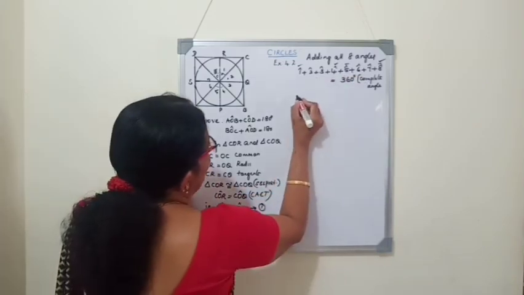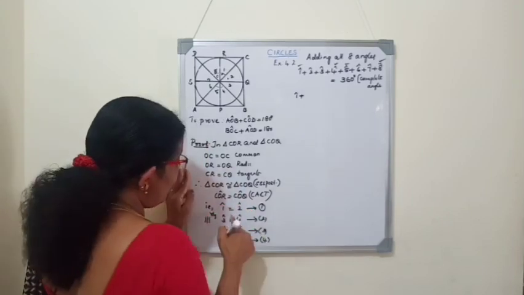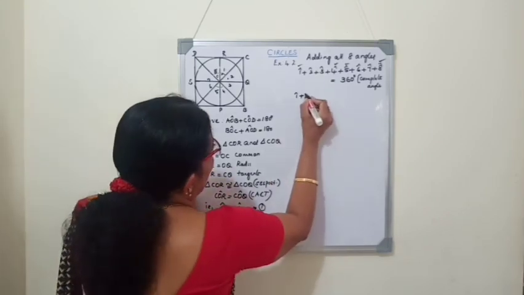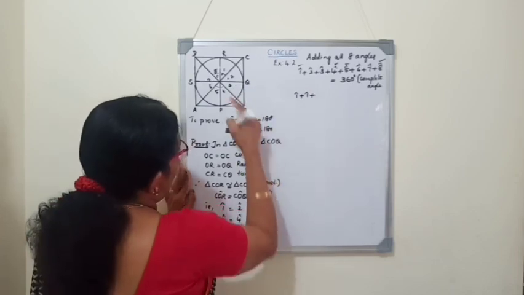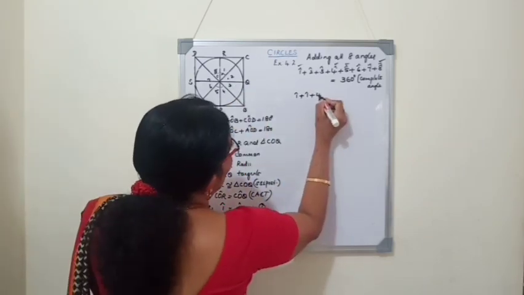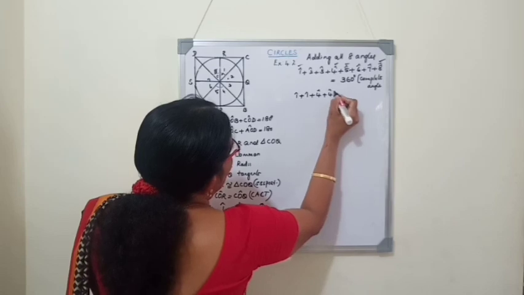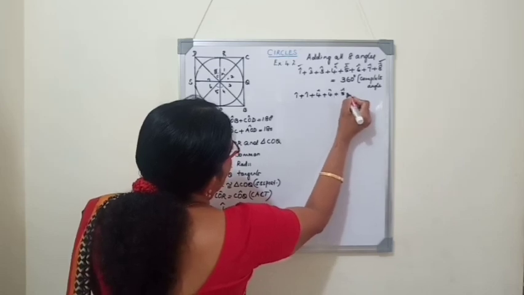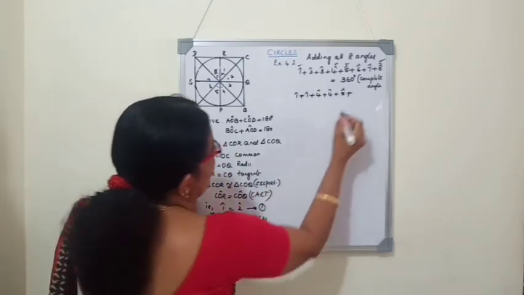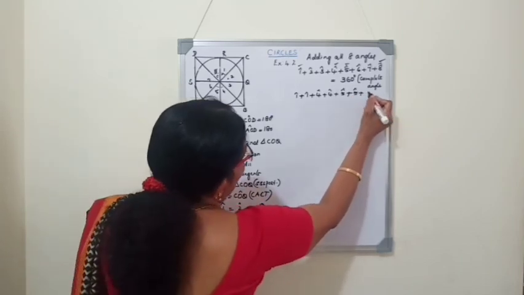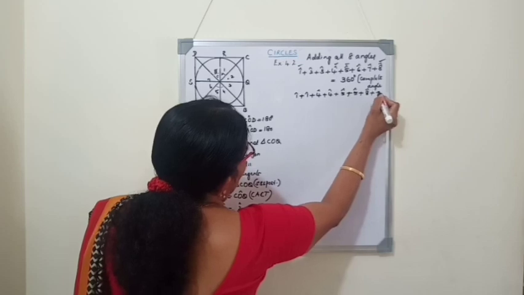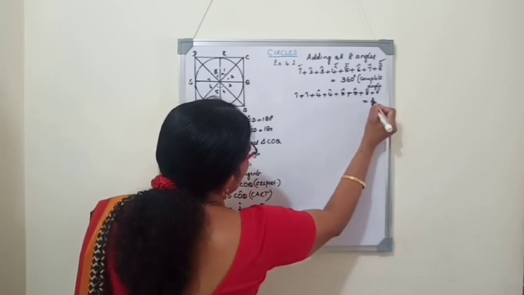So 1 we will write as it is, plus instead of 2 we will write 1, plus instead of 3 we will write 4, so 4 plus again 4. 5 we needed, so 5 as it is. Instead of 6 we will write 5, plus instead of 7 we will write 8, and 8 as it is, is equal to 360.